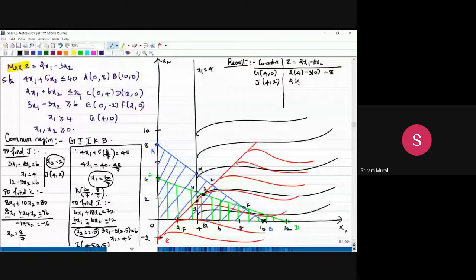So how much do you get? 2 into 4, 8. 8 minus 6, this will be equal to 2. Then J is over. What is I? I is now only we found 4.5, 2.5. If I take 4.5, 2.5, 2 into 4.5 minus 3 into 2.5, how much do you get? It is 1.5.